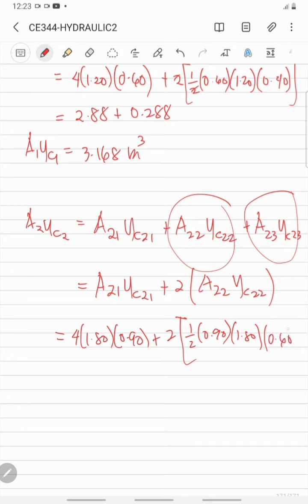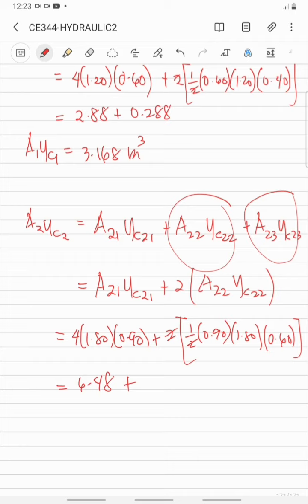So we have to compute this 2 over 2. This can be cancelled, so you have 4 times 1.8 times 0.9, that is 6.48, plus 0.9 times 1.8 times 0.6.